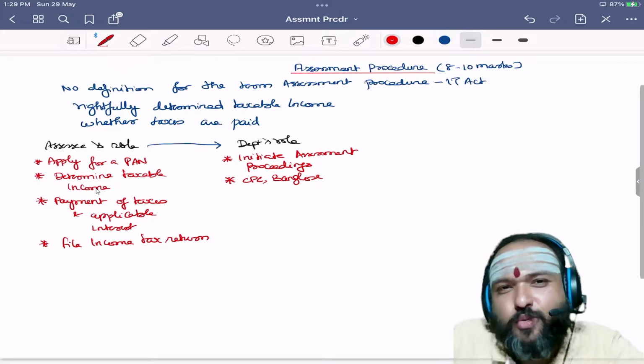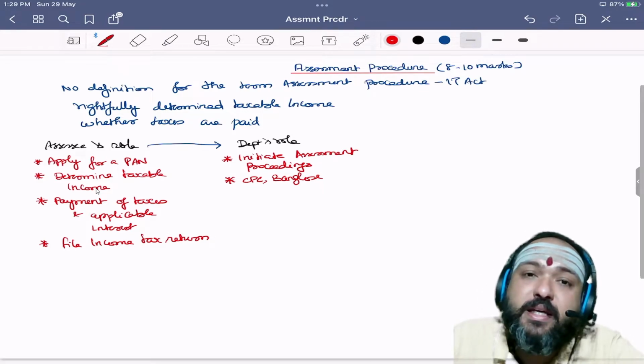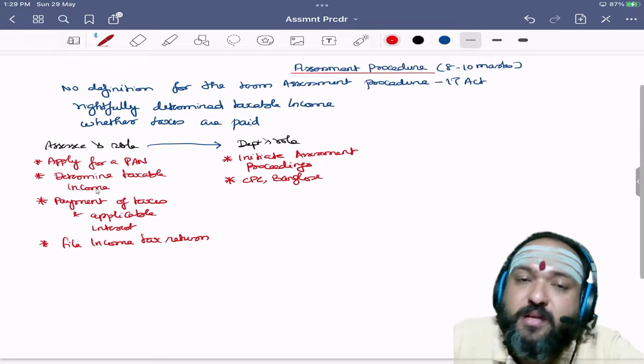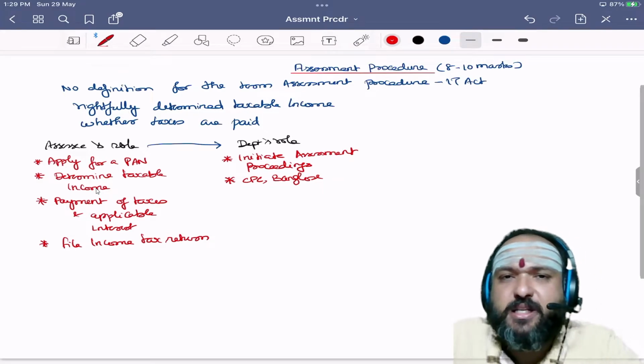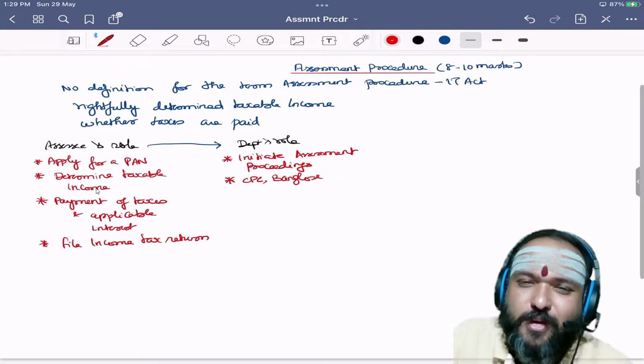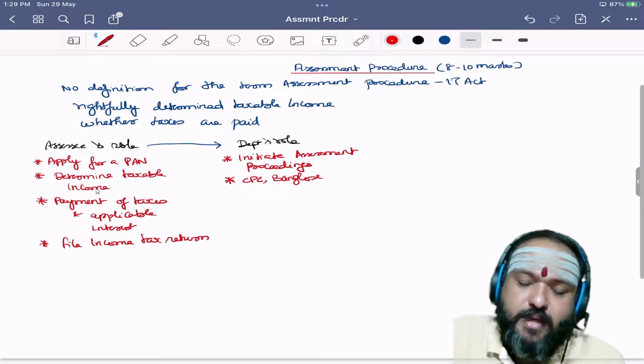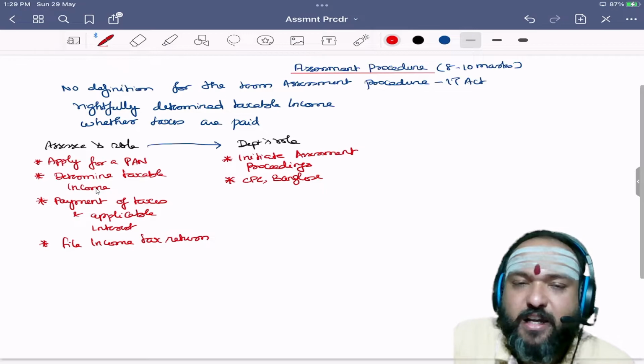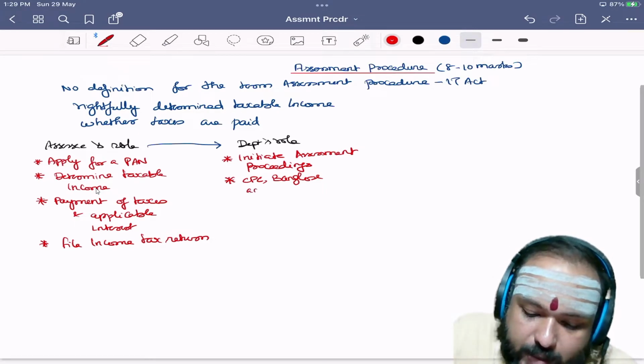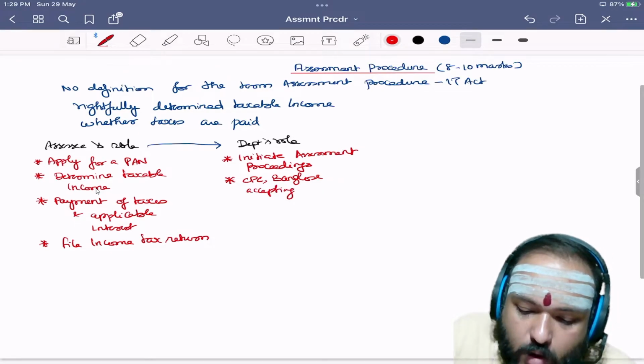Erstwhile, the intimations were not mandatory, but now with the insertion of section 270A penalties, intimation is given in almost all cases because the penalty trigger is based on intimation. So CPC Bangalore will send out an intimation either accepting your return or specifying changes. They can either accept or specify changes.